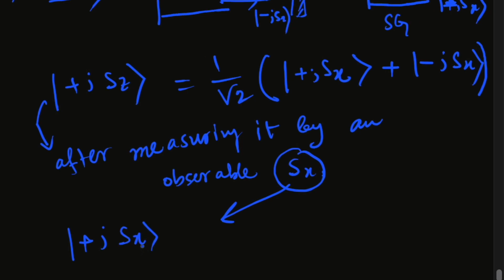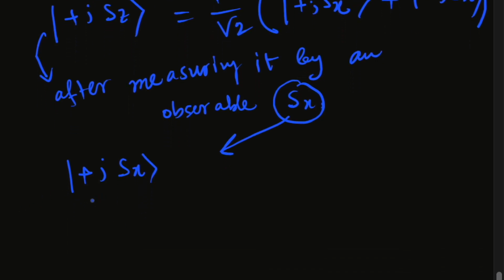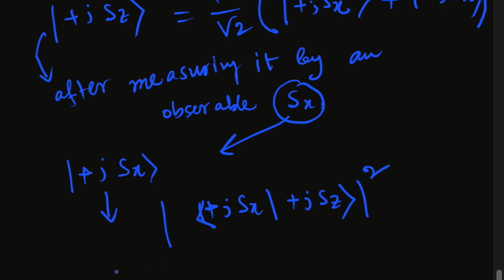That probability, as we know from our previous lecture, will be the modulus squared of the inner product of plus Sx with the Sz state. And what will it be?